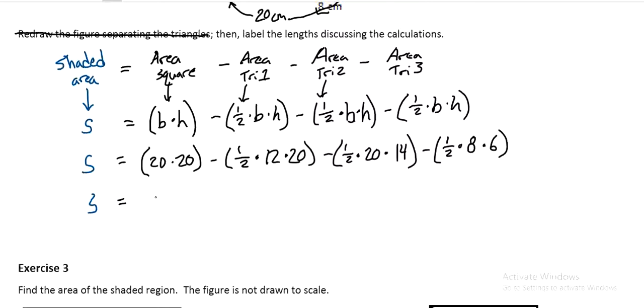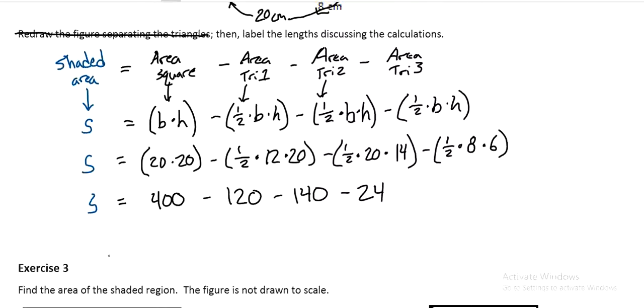So let's see, 20 times 20 is going to give us 400, minus 1/2 times 12 times 20, which is going to give us 120, minus 1/2 times 20 times 14, which will give us 140. And finally, 1/2 times 8 times 6 will give us 24.